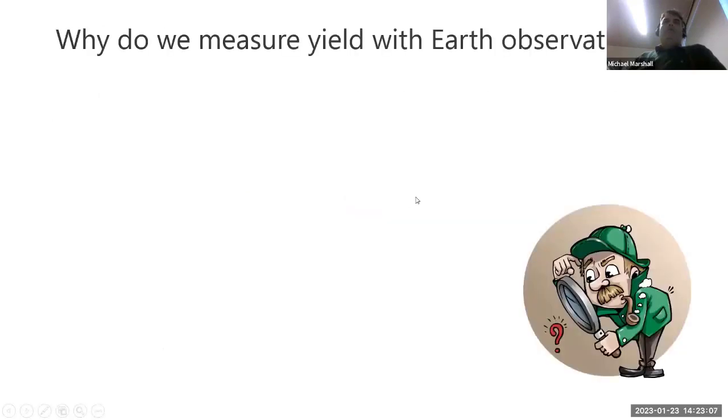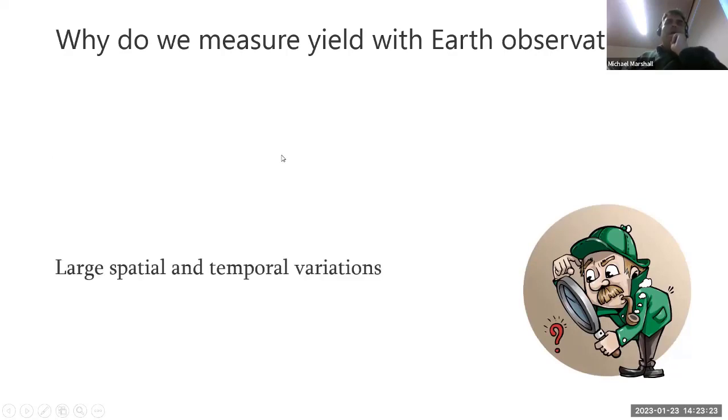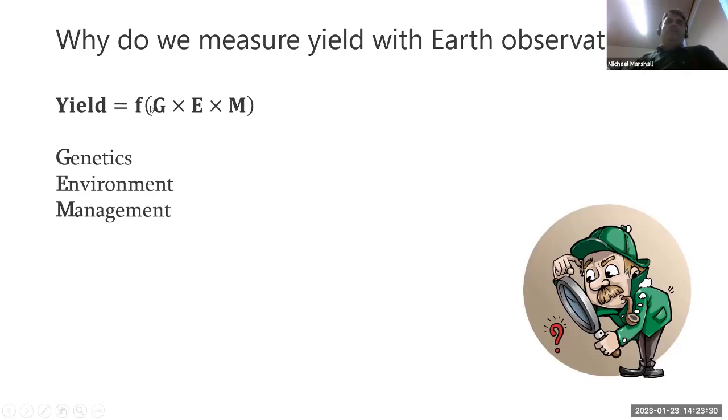So why do we measure yield with Earth observation? And we talked about this just a moment ago. Yield is a function of three factors: genetics, environment, and management. You may have seen this equation somewhere, GEM. And so basically, there are large spatial and temporal variations in these three factors.